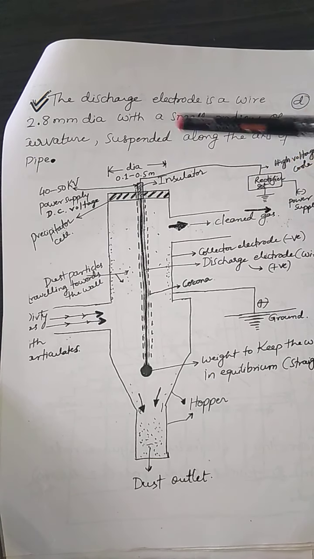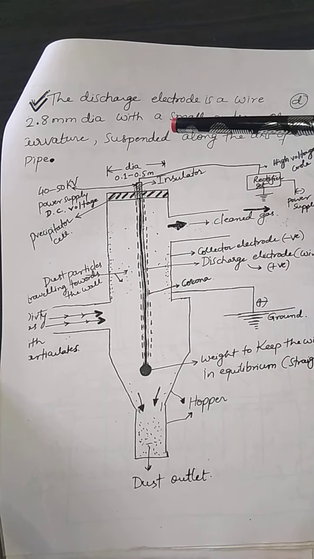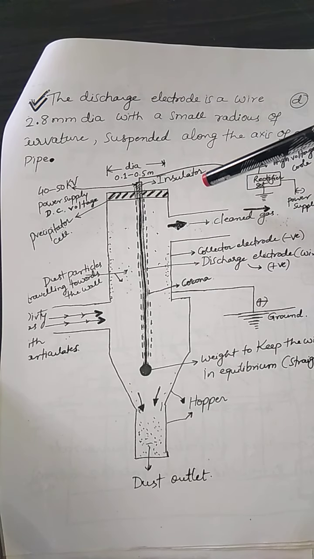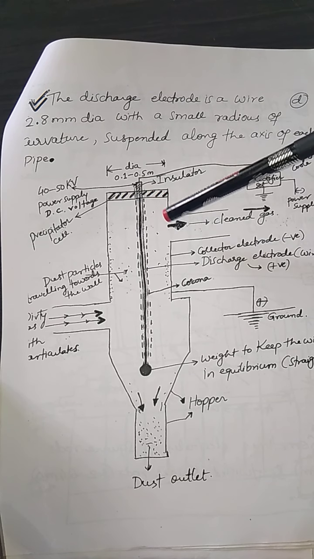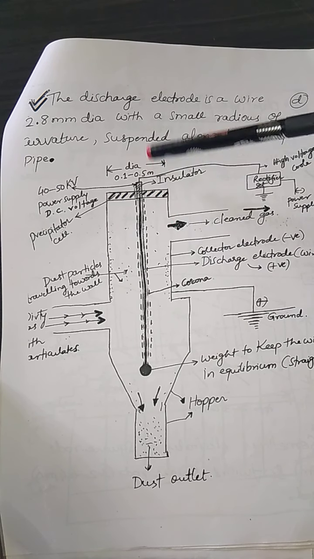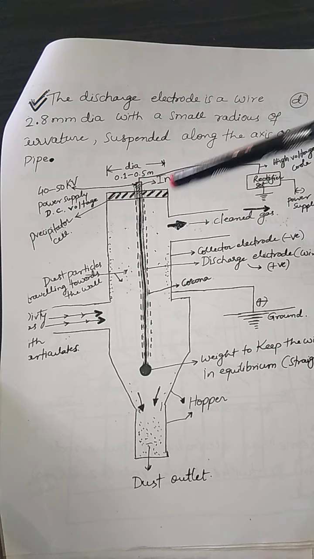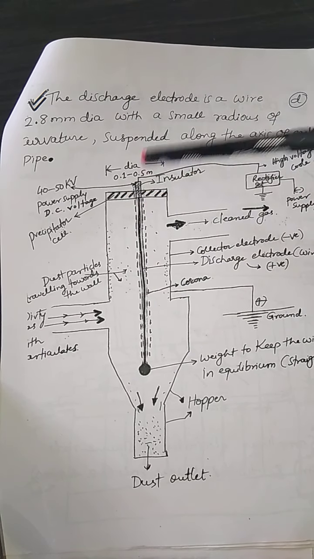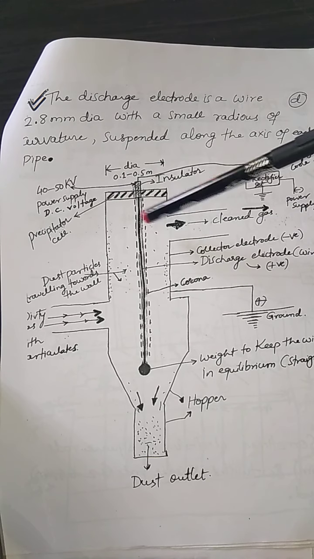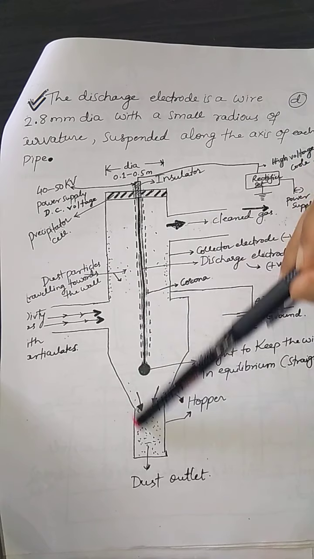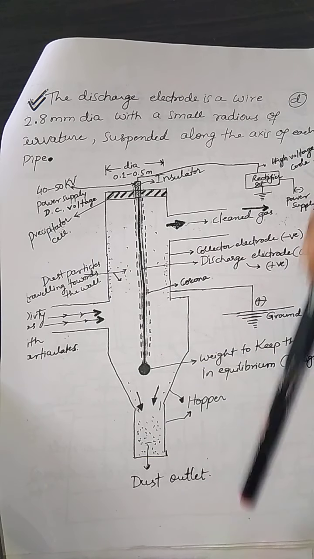Here we are going to have the dust collecting electrode and the discharging electrode. Whenever the current is given to it, the negatively charged particles get attracted to it, and once we stop the electric current, the discharging electrode discharges the suspended particles that were attracted, and they get collected at the downside.